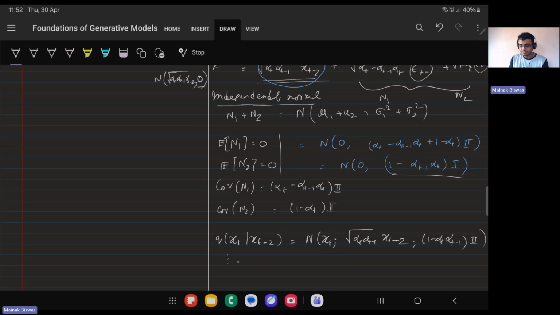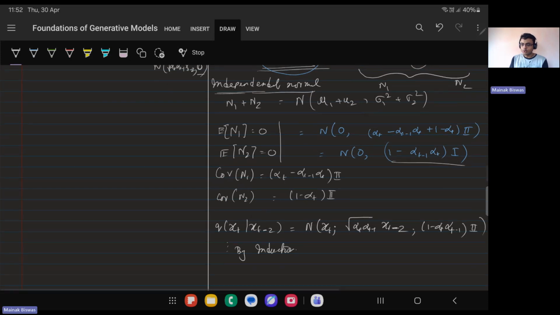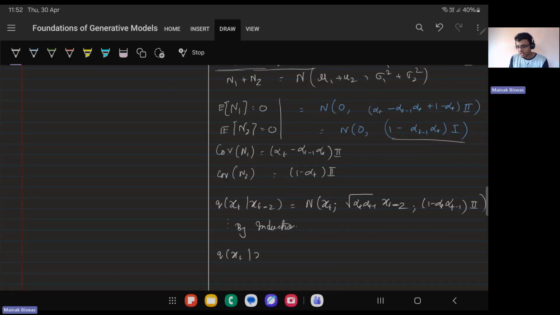Similarly, by induction, if I keep going to q of x_t given x_0, which is the image, or what is the data, we can say that this can be written as x_t, and you can clearly see by induction, this is the root of the product of alpha_t for t equal to 1 to capital T times x_0, and 1 minus the product of alpha_t for t equal to 1 to T times the identity matrix, right?